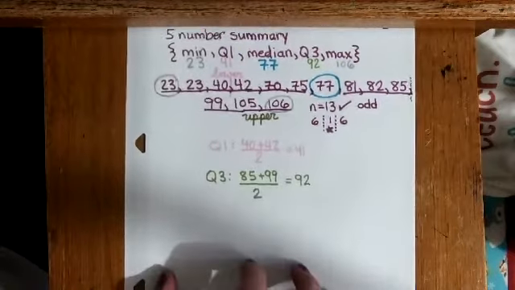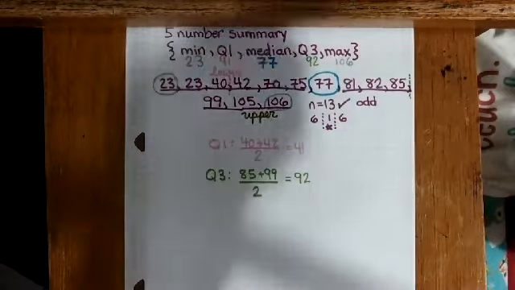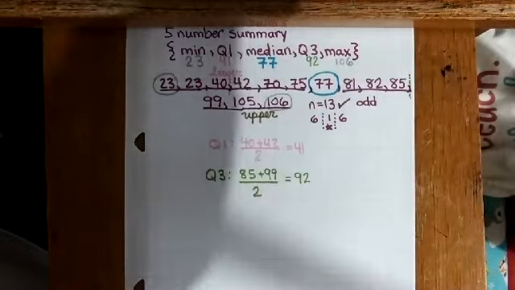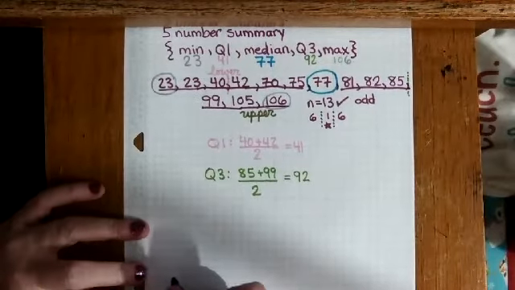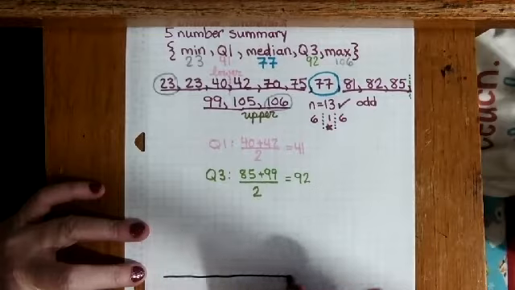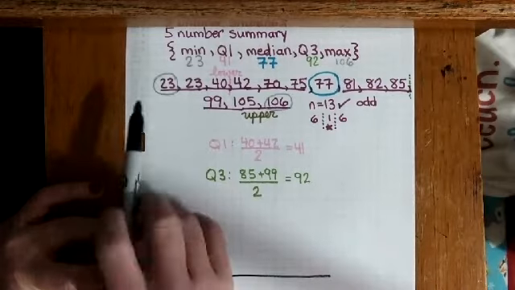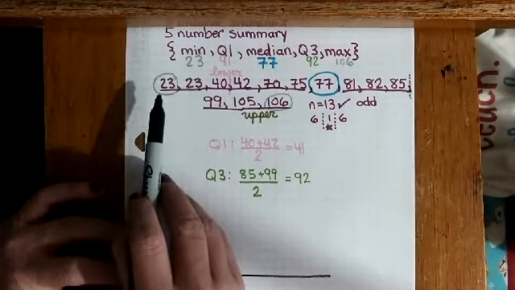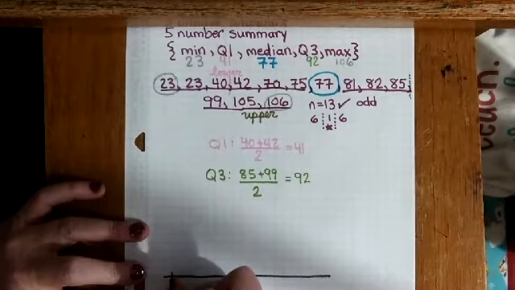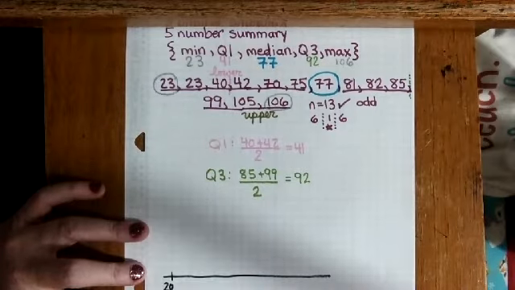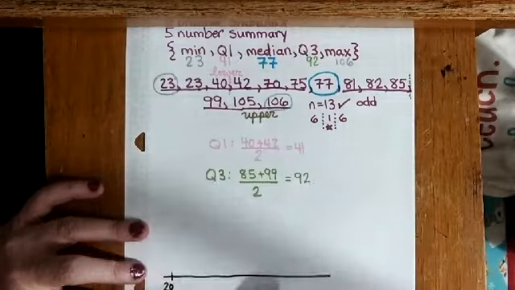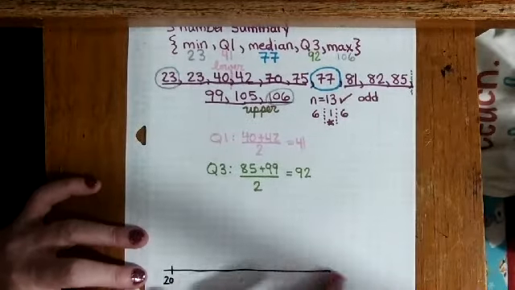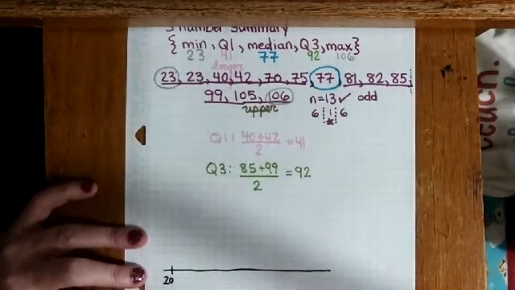So what we do is give ourselves an x-axis, right? Give ourselves a scale. We want to go from a little below the 23, so maybe we start at a 20. And we want to go a little above the 106, so maybe we go to 110, maybe we go to 120.